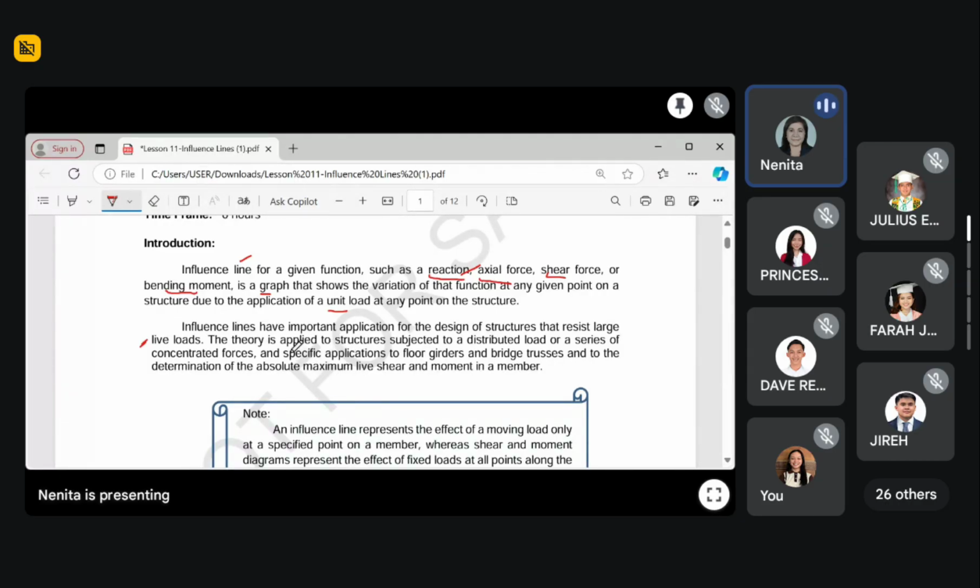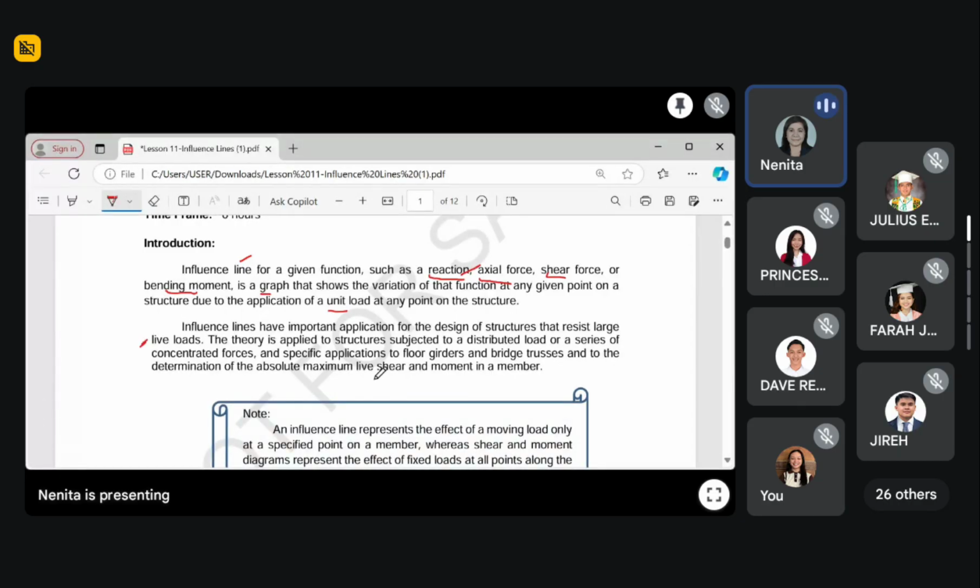For this final term, our topics will be influence lines, then the application of the influence lines, then determining the maximum shear and moment due to a series of concentrated loads, then determining the absolute maximum values of a function.